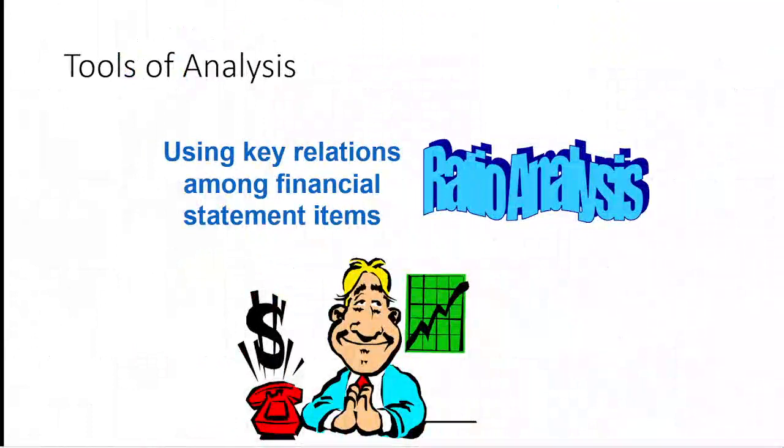Then the third one is ratio analysis, using the key relationships among the financial statement items. Now, vertical analysis and horizontal analysis look at the financial statement as standalone, right? They do not look at the relationship between the balance sheet, the profit and loss statement and the cash flow statement.